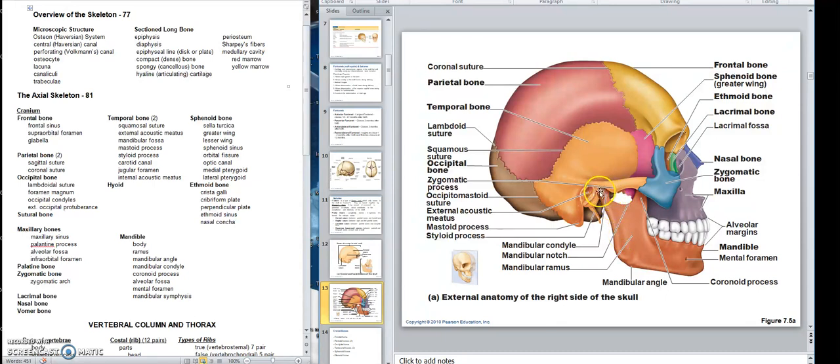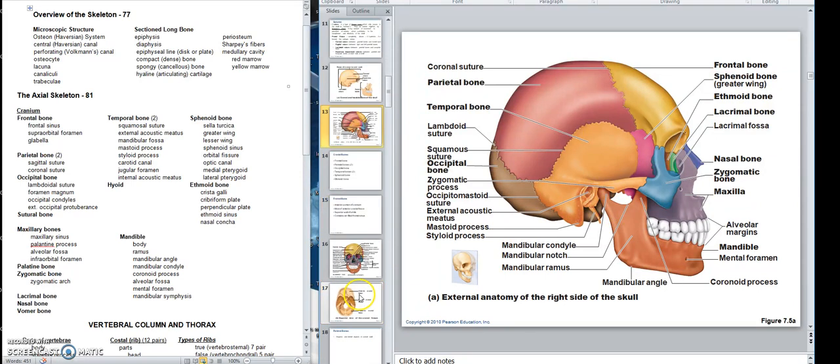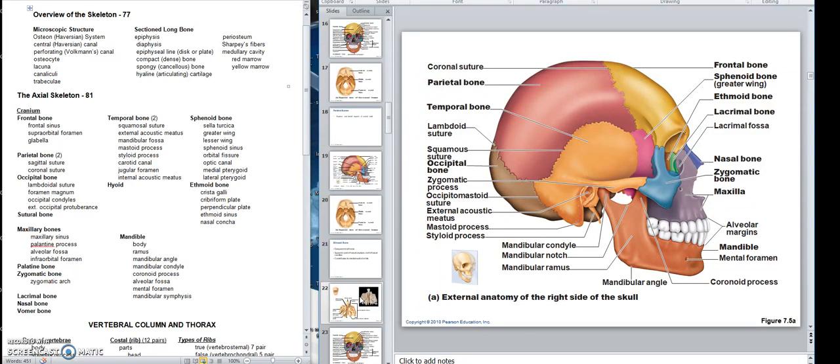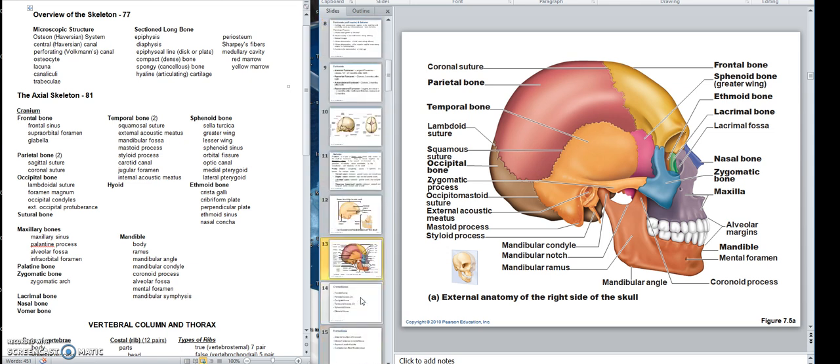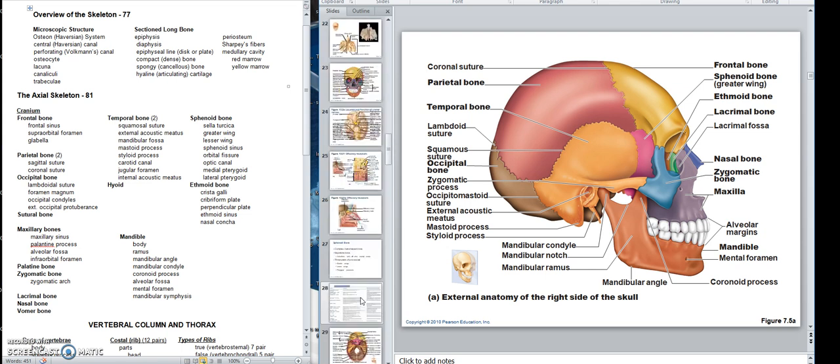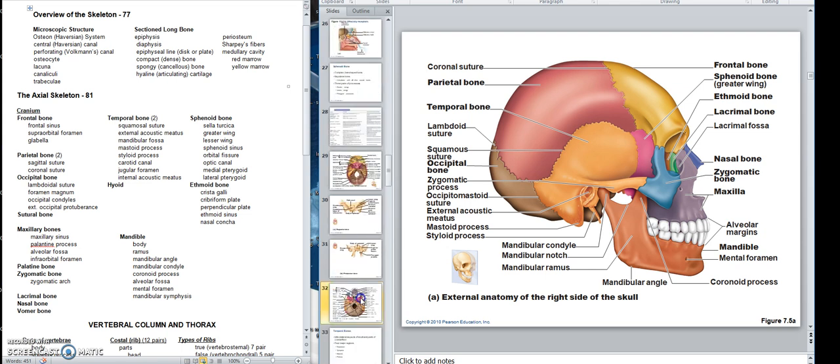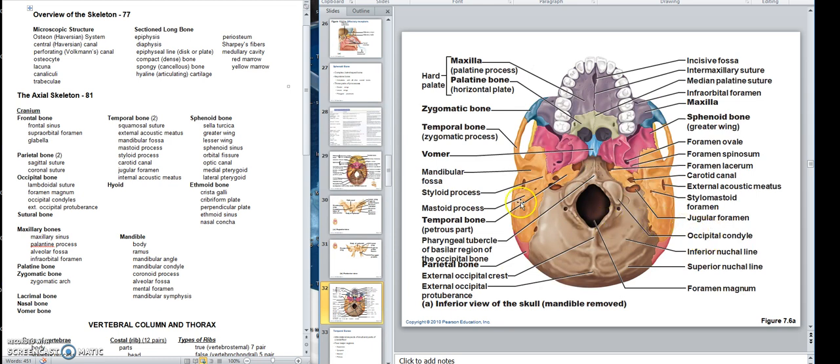Let me see if I can find a skull upside down that I can look at. Okay, right there. That depression right there is the mandibular fossa, and that's where the condylar process of the mandible fits to form the TM joint.